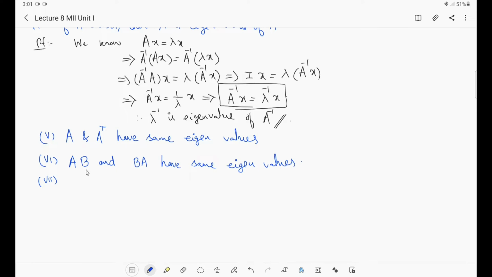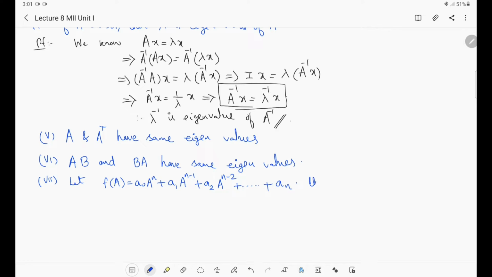Then the seventh property says that suppose I am having an expression, let f of A equal to a naught A power n plus a1 A power n minus 1 plus a2 A power n minus 2 and so on, up to an.